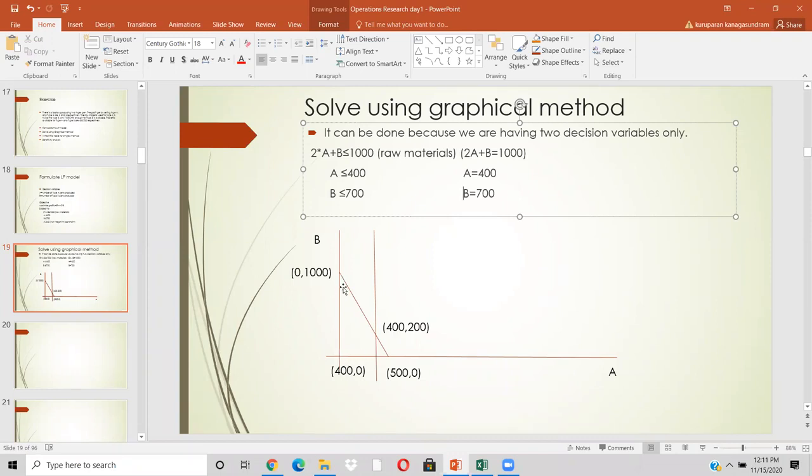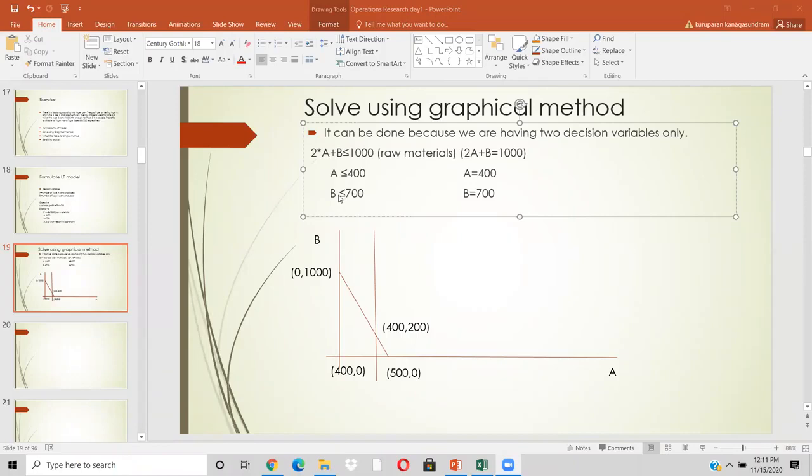So the left region will be feasible. Okay, so this will be the feasible region. Okay, fine. We have to draw the line for this last constraint.